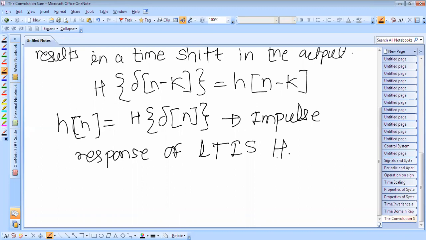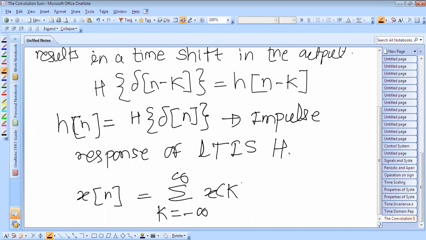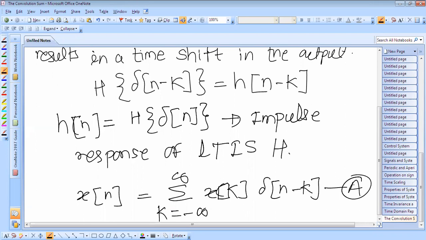The response of this system is given by equation 2.1, that is x of n equal to summation k equal to minus infinity to infinity of x of k delta of n minus k.